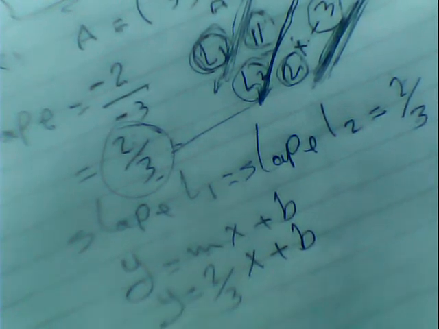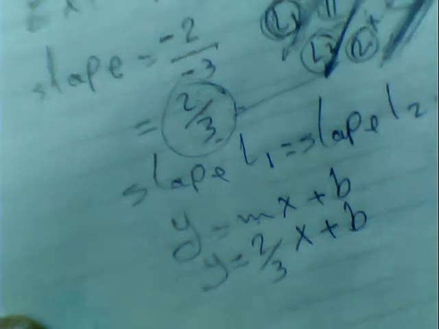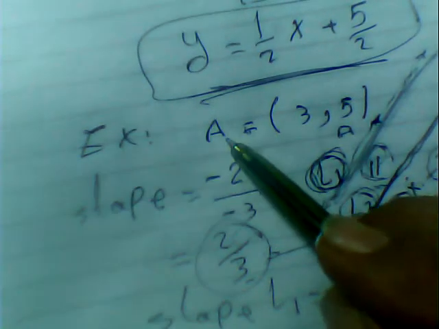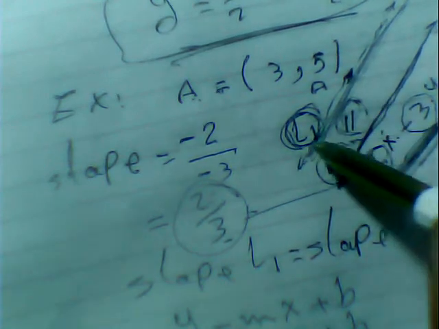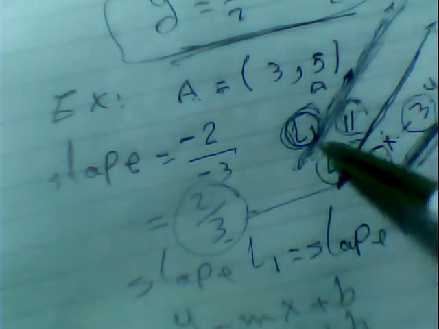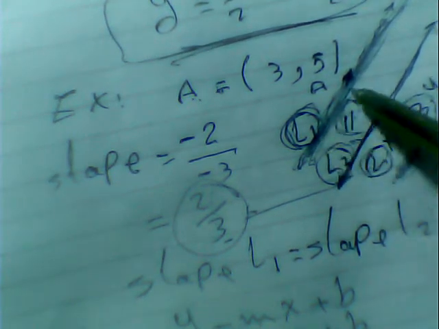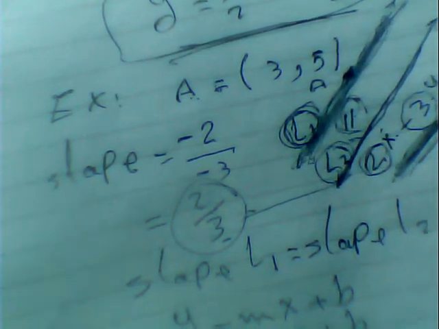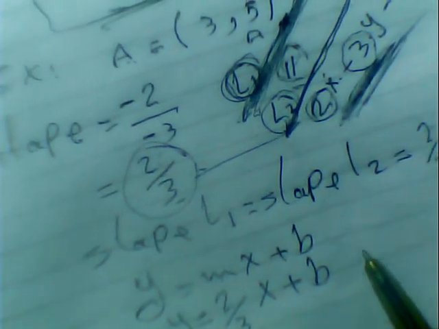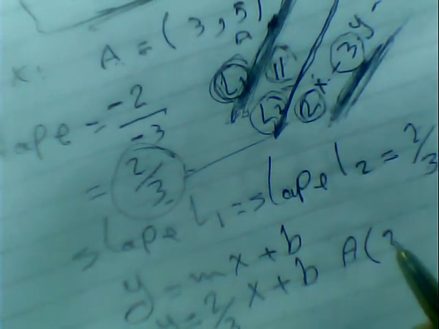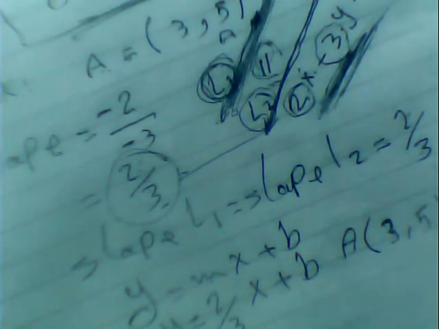Then we need a point, any point, like the same A. This line we want to get the equation for, we need any point it goes through and crosses, A equals (3, 5).